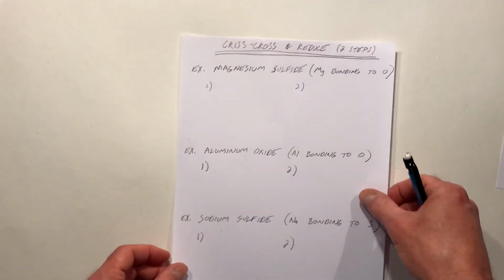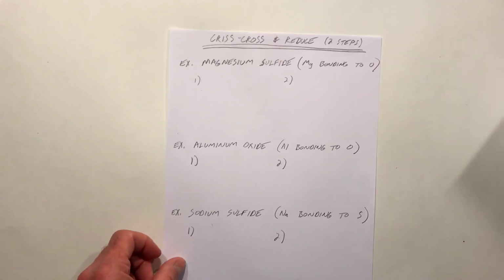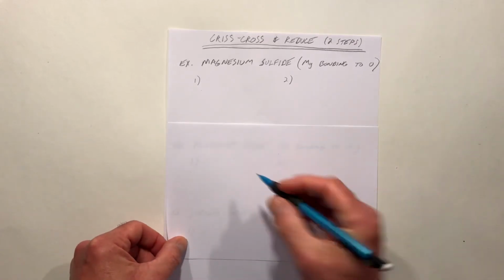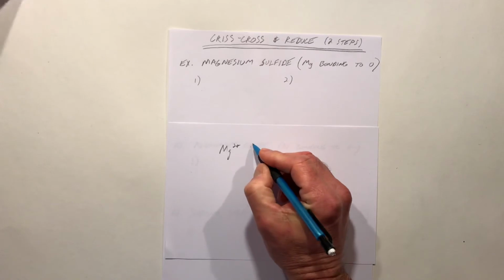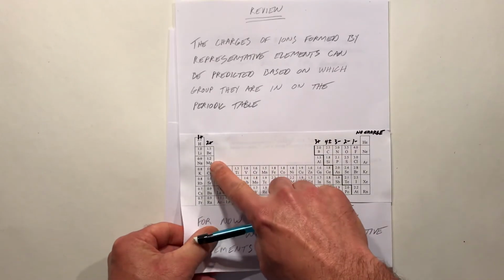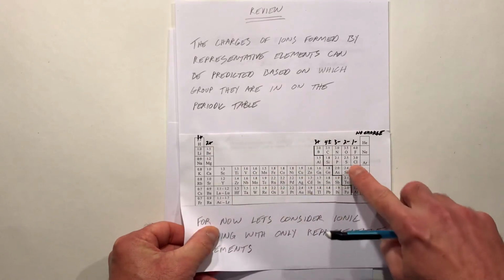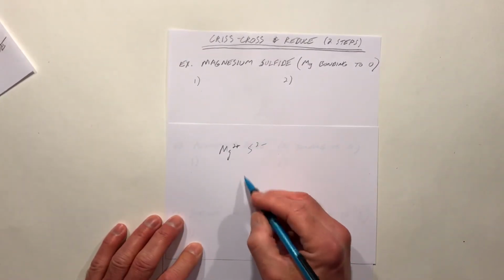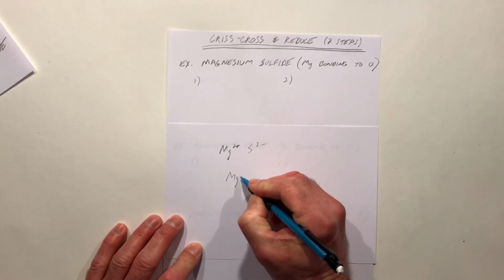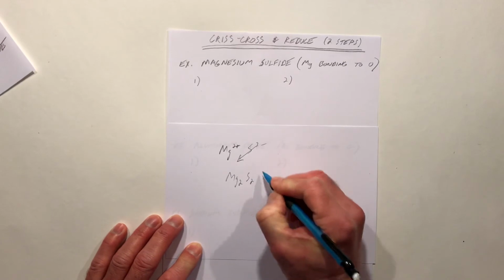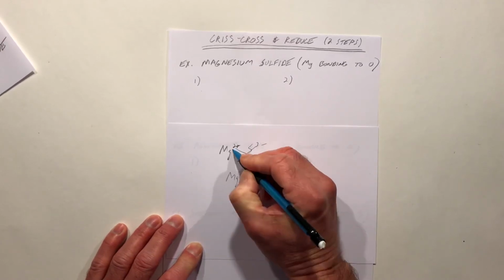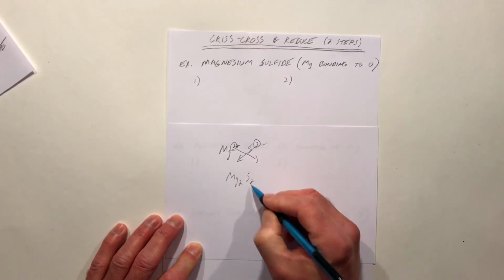Here we have magnesium bonded to sulfide. So our first step is to write Mg2 plus and S2 minus. Once again, looking at the periodic table, we can see Mg is in the 2 plus column, S is in the 2 minus column. When we crisscross those numbers, we get Mg2, this 2 drops down here, S2, this 2 drops down here. So we crisscross the 2's down to the bottom.